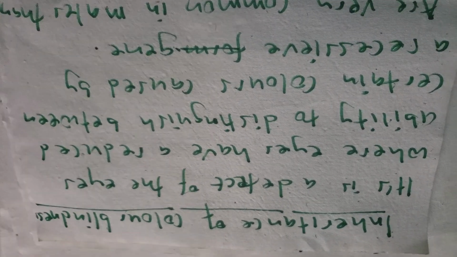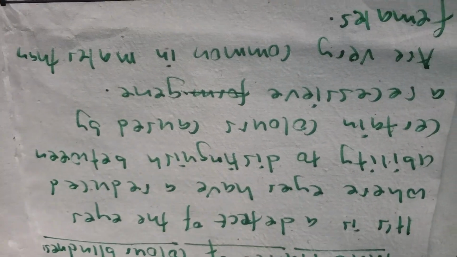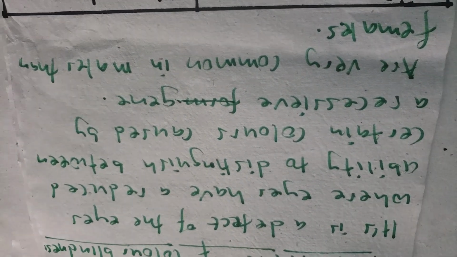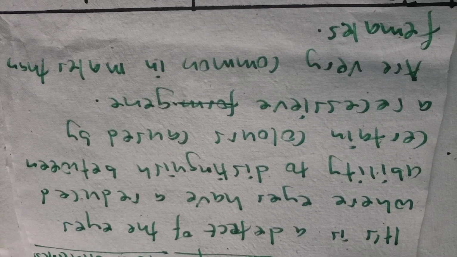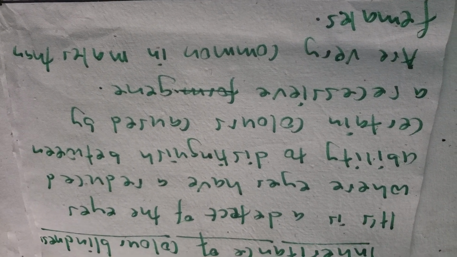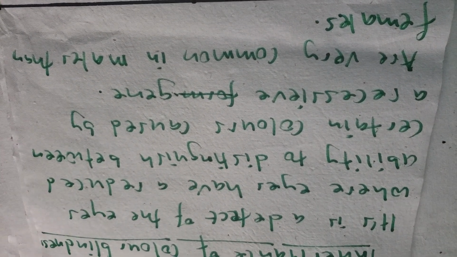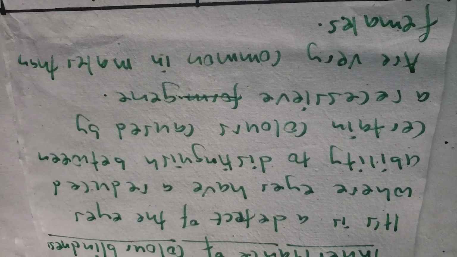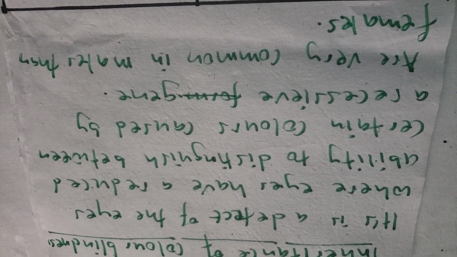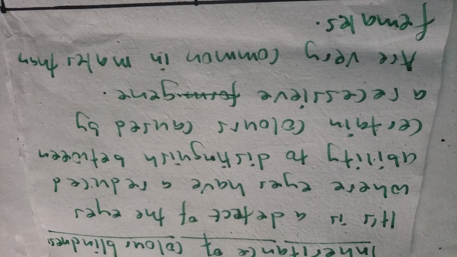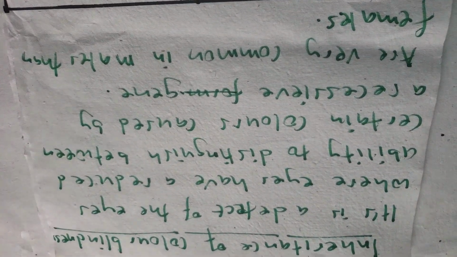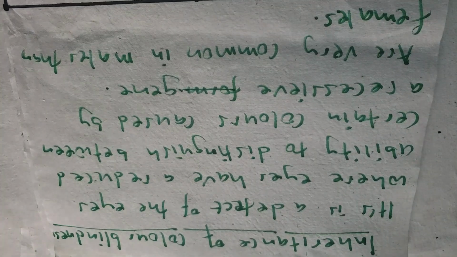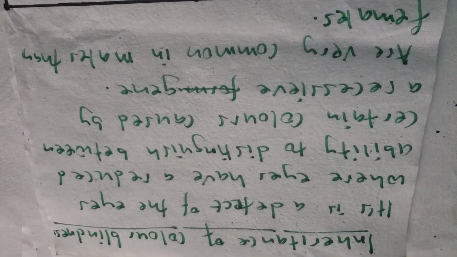We are saying that it is very common in males than in females. So we are saying that these defects, or the inheritance of color blindness, is more common in males than females. The reason being that the females have XX chromosomes.